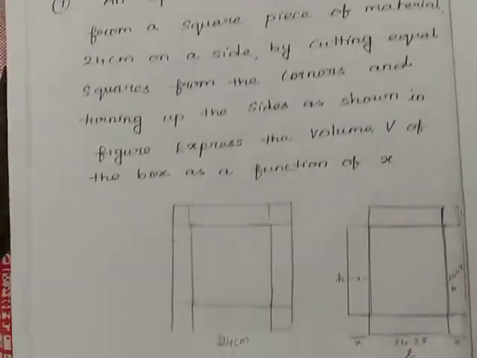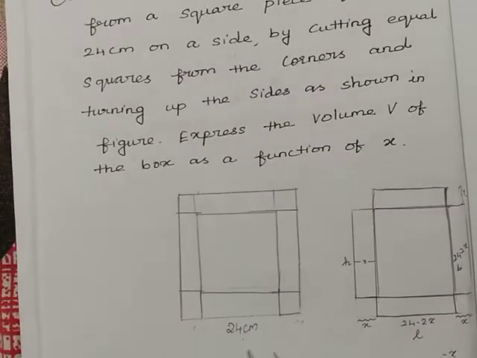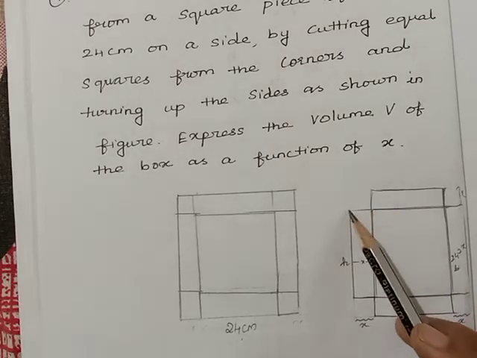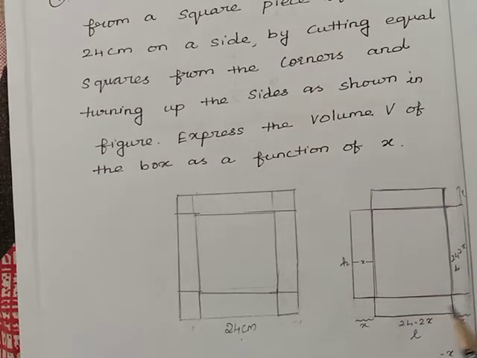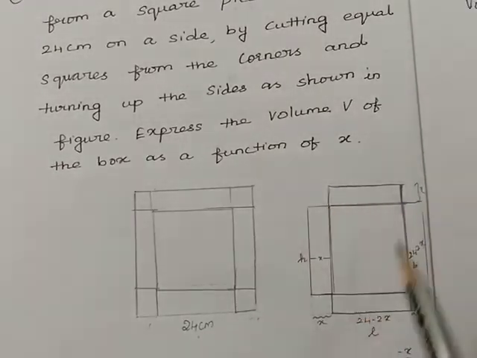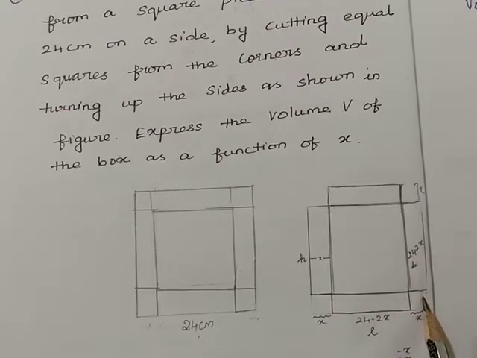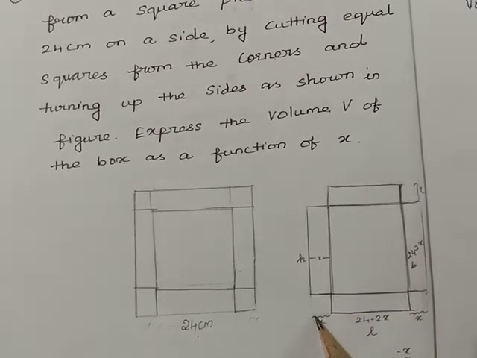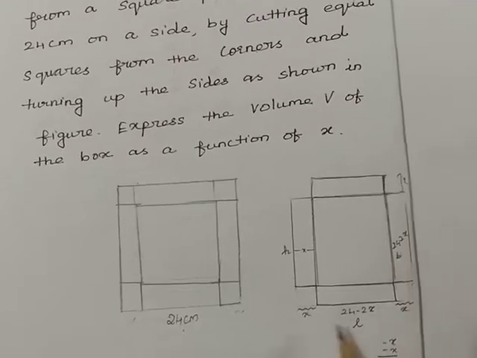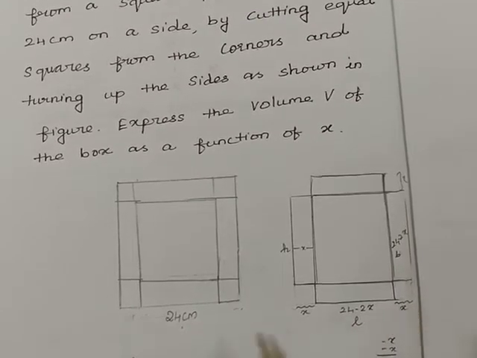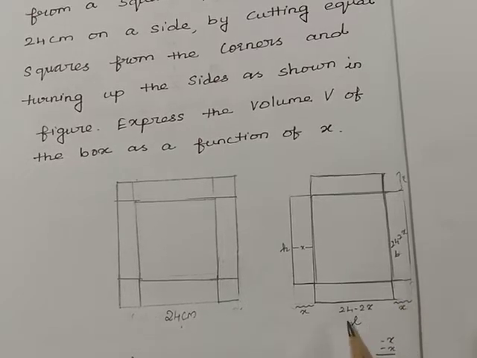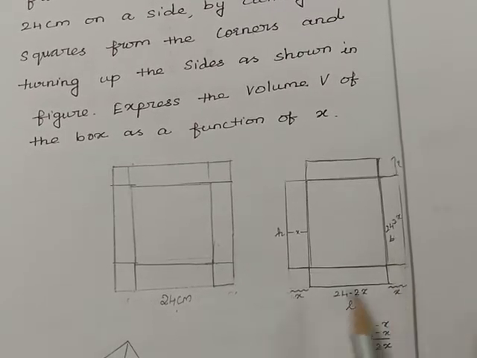So once again, a square sheet is there. Now we are going to cut an equal square-shaped part at the corners. When you remove the corners, a portion is removed. Let it be x. From the 24 centimeter, we are cutting x parts. So actually it was 24, and after cutting, we will get 24 minus 2x on both sides.